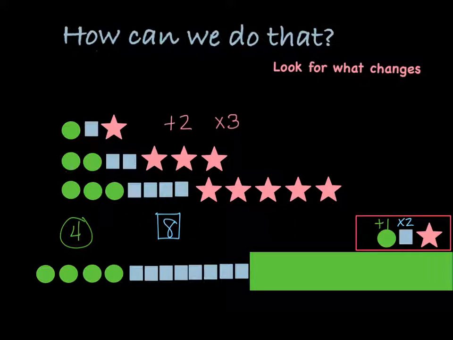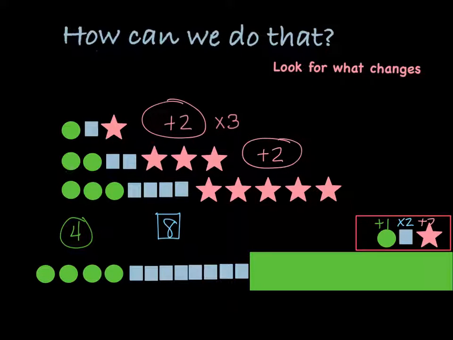So logically, I could add 2 to 3 and I would get 5. So I can deduce that my rule for the stars is to add 2. Now, if I were to add 2 to the 5 stars that I have here, my fourth step should have 7 stars.